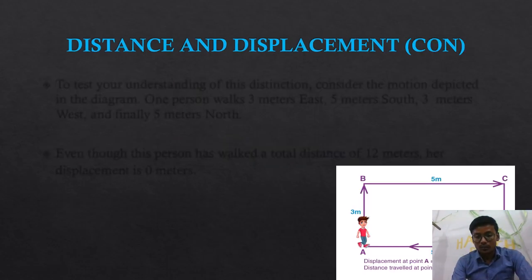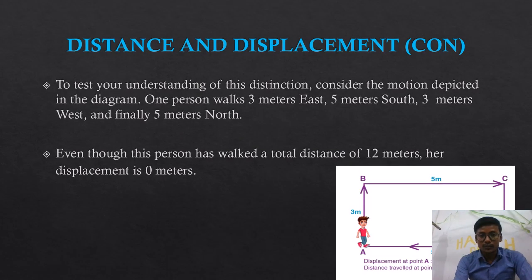Next, you can see an example here. This man walks from A to B, then C, then D. These are the distances. He travels 3, 5, and 3 again.